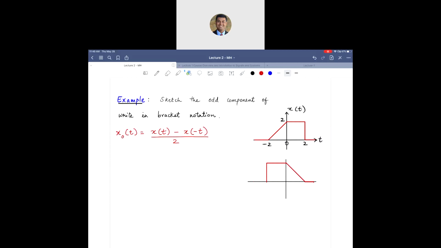And then it'll be 0 afterwards, 0 there. And then let me just mark the important points. This is still 2, this is still 2, this is still -2, this is still 0, and this is still time. How about the y-axis? Y-axis is x of minus t. Right. And now I need to subtract them. When I subtract them, what do I have? Let's see.